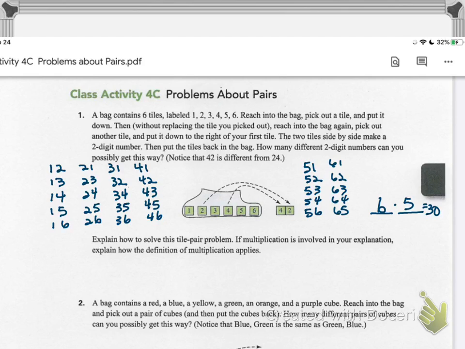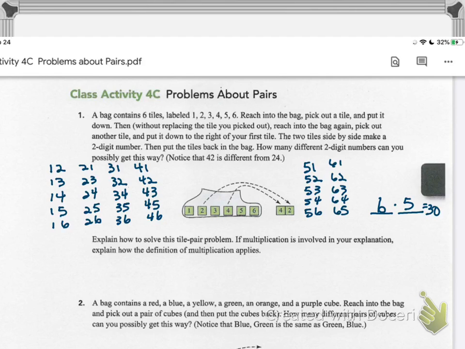It says explain how to solve this tile pair problem. You can do it by either adding up all these possibilities or viewing them as an array and multiplying 1, 2, 3, 4, 5. So I would multiply 5 times 1, 2, 3, 4, 5, 6 and get 30 that way.